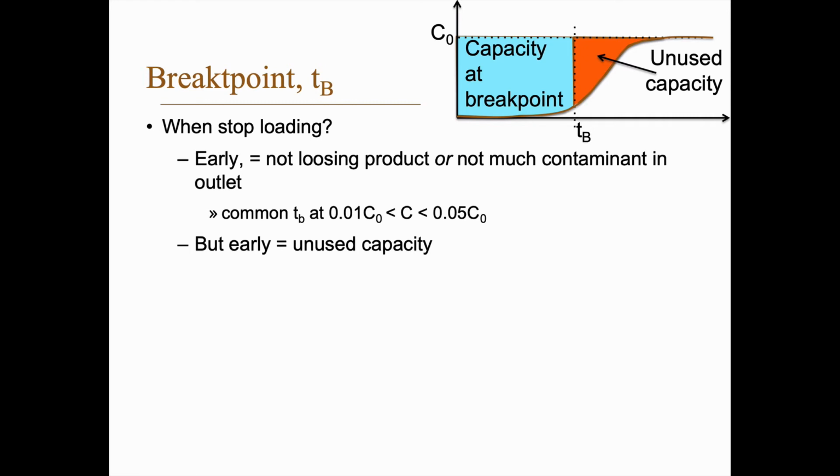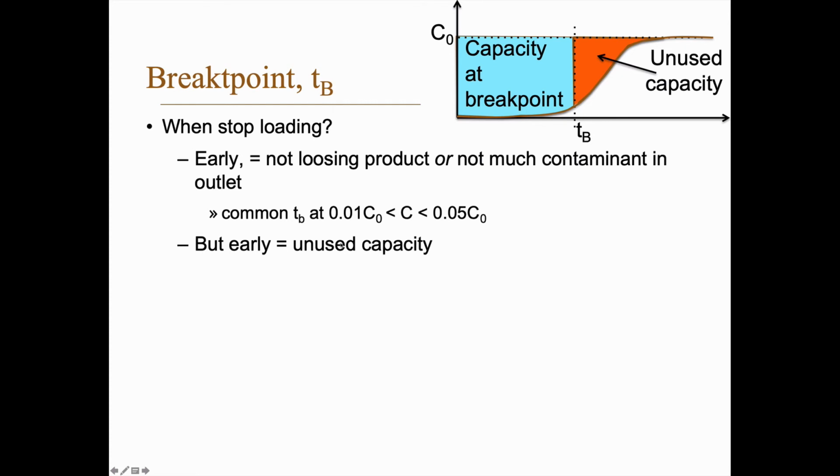If we choose this time early, the benefit is that we don't lose any product out to the outlet, or not much contaminant comes out in the outlet if it's the contaminant that we are adsorbing. But if we stop early, then we also have a lot of unused capacity, meaning that we need to use more adsorbent.